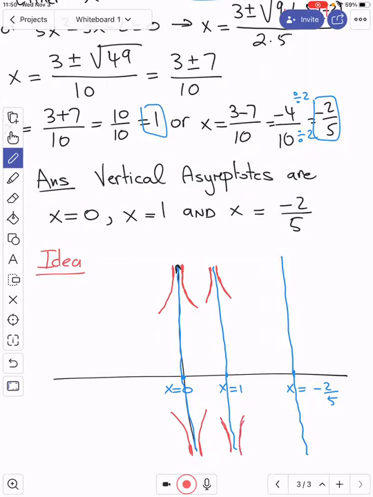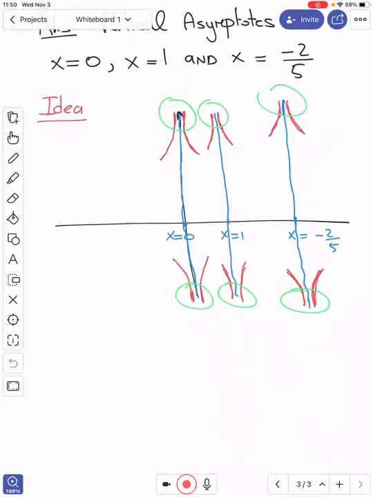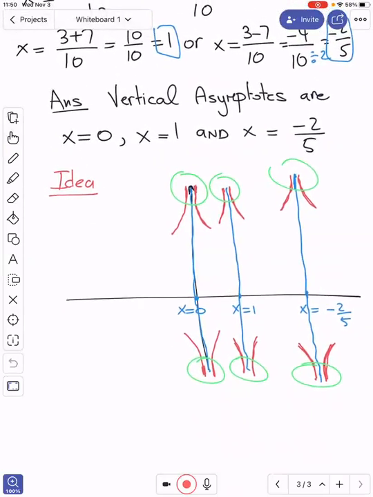And the last vertical asymptote, you're going to have something like this. And again, there will be no intersection, right? Just keep in mind here or here or here, there will be no intersection. You can get as close as you want to the line, but it doesn't cross the line. So that's for the vertical asymptote.